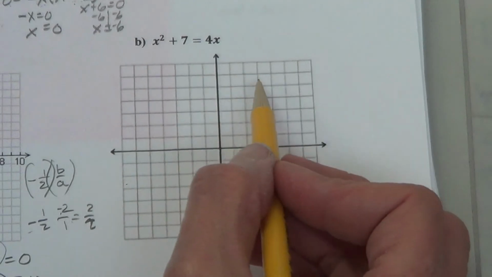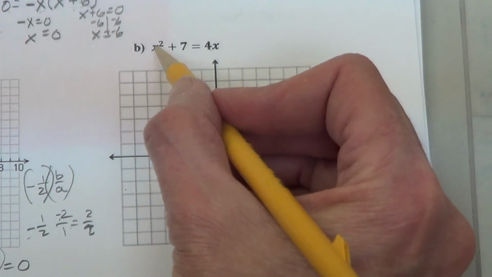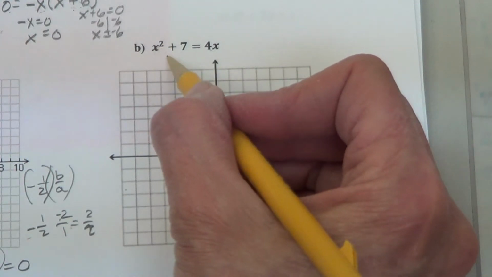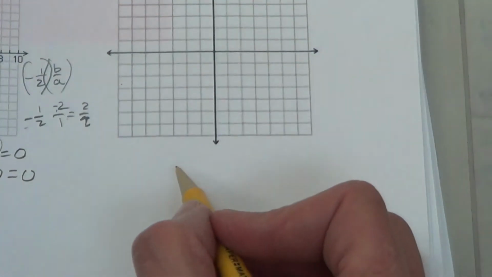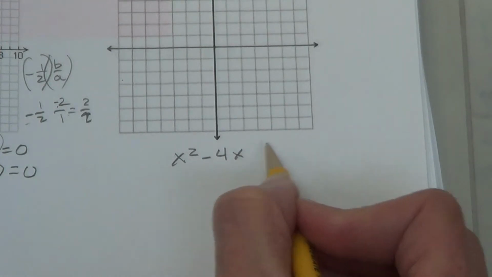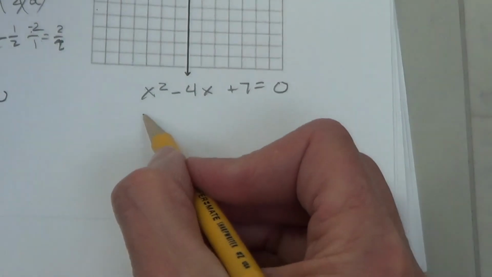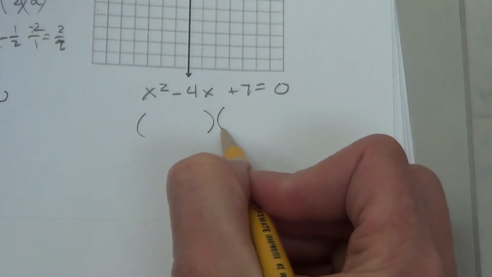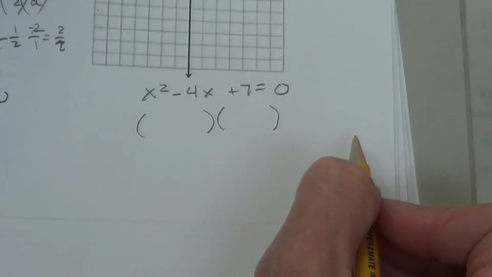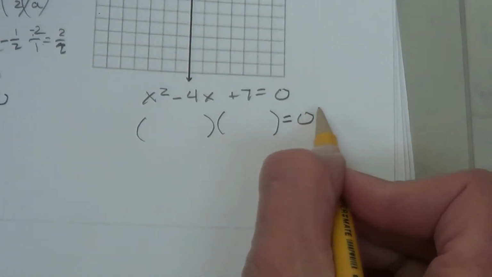Last graph here. Again, it's going to be in standard form. So we're going to bring this 4x across this time because we want to keep that x squared positive. So we have x squared minus 4x plus 7 equals 0. We just need to think of terms that will multiply to be 7 and add to be negative 4.